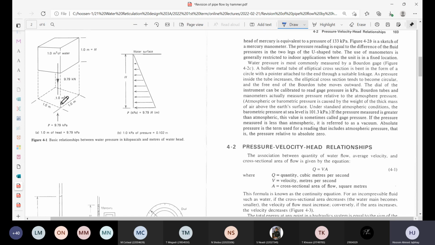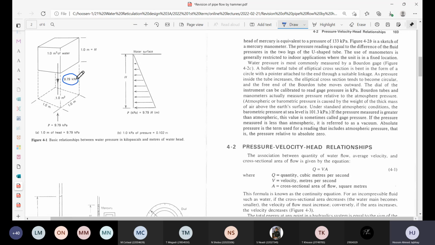What pressure would that 1 meter of water exert on the ground? If you work it out, you'll get an answer of 9.79. Firstly, what is the weight of that 1 meter by 1 meter by 1 meter of water? You'll get an answer of 9.79 kilonewtons.